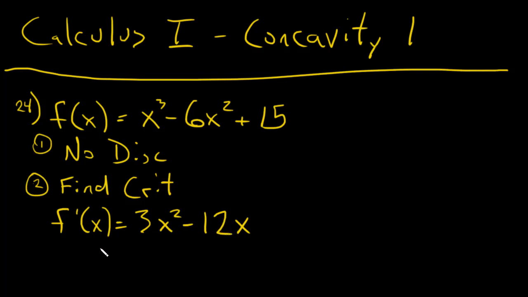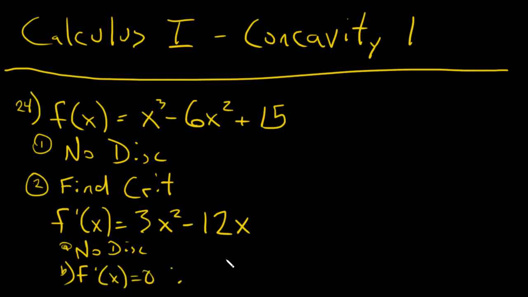Okay? So first part of finding the critical numbers: are there any discontinuities? I guess we got to do part A or whatever. It doesn't really matter. There are no discontinuities because, again, this is a polynomial, so we're good there. Now, second part of finding the critical numbers is where f prime of x equals 0.